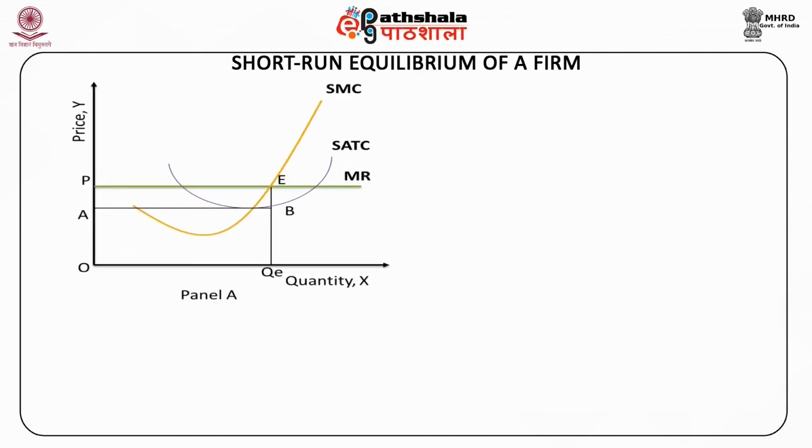In panel A, the SMC is the short-run marginal cost curve, and the horizontal marginal revenue curve represents the marginal revenue as well as the price level. If the short-run average total cost curve, depicted by the SATC curve, falls below the price at equilibrium as shown in the figure, the firm earns excess profit equal to the area PABE.